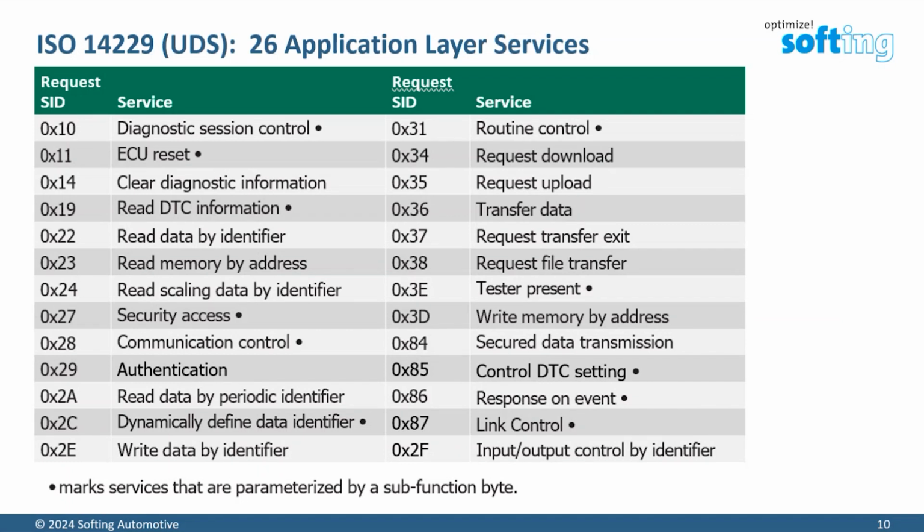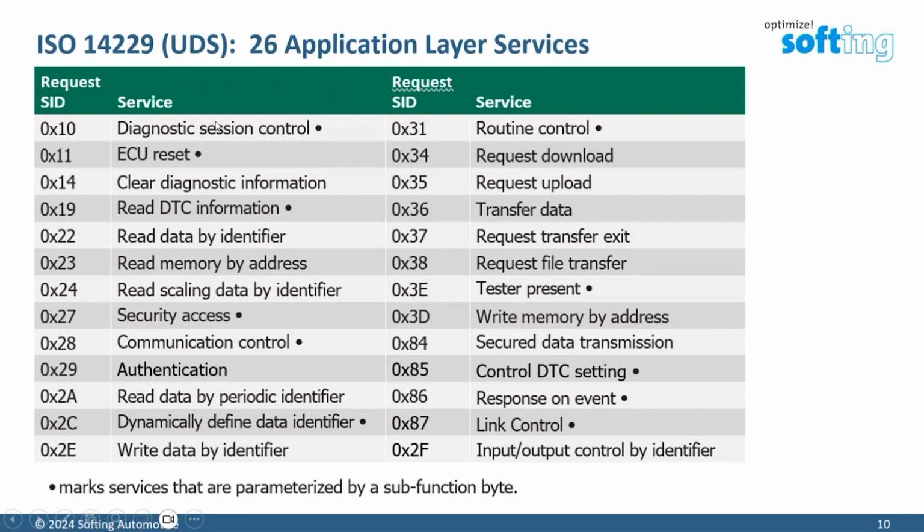The services here are either parameterized by a data identifier, so we do not really have the PIDs, parameter identifiers, that you might know from the past, but we now get data identifiers, DIDs, but also some services are parameterized by a sub-function byte.